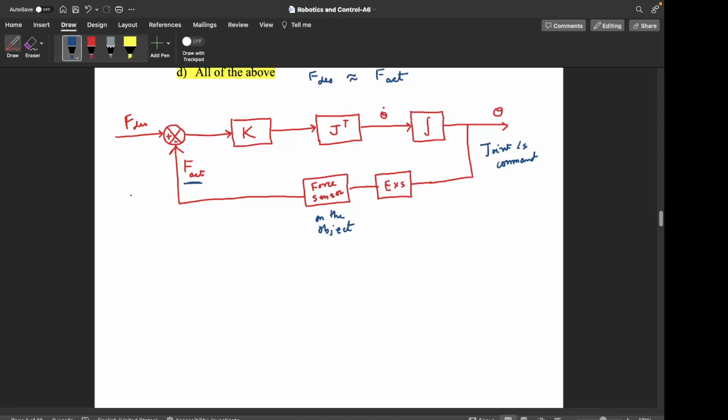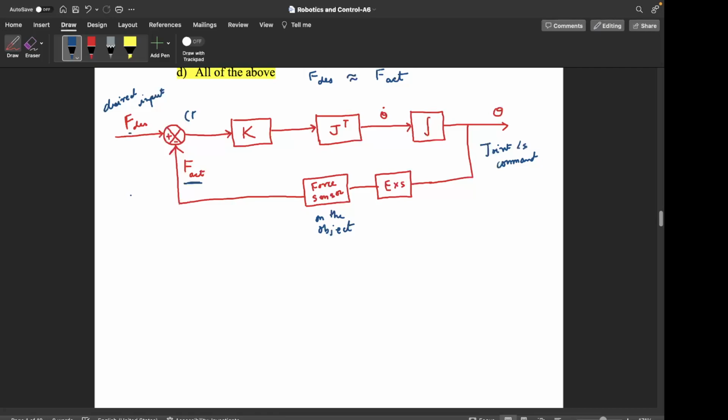And here you are seeing that it is being subtracted from F desired, right? This is the desired input. So what will come here?